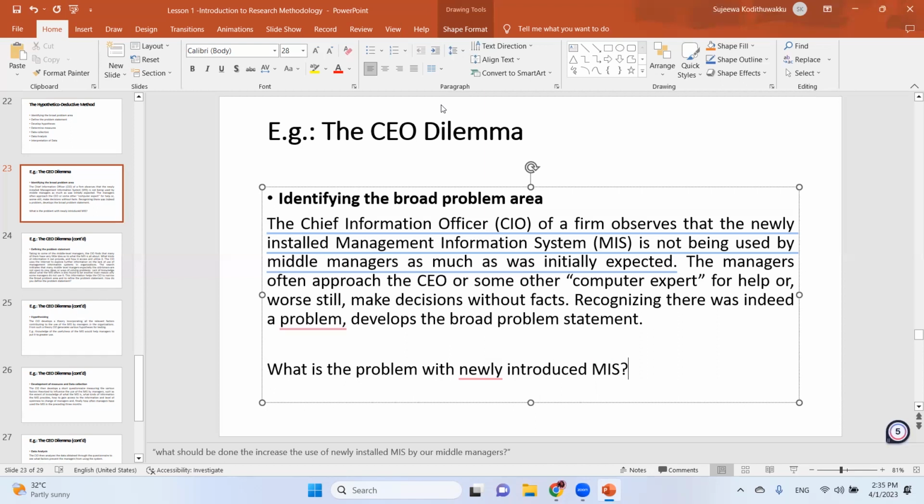Others, please give your comments, support Karan. It means there's a huge problem about the newly installed MIS. That's your idea. Another student said it could be a problem related to the training that was given to the middle level managers.